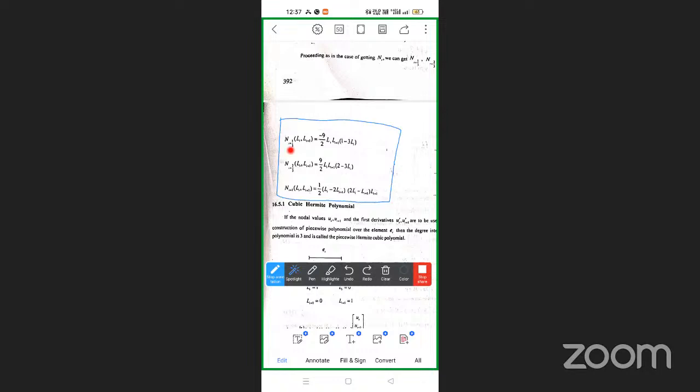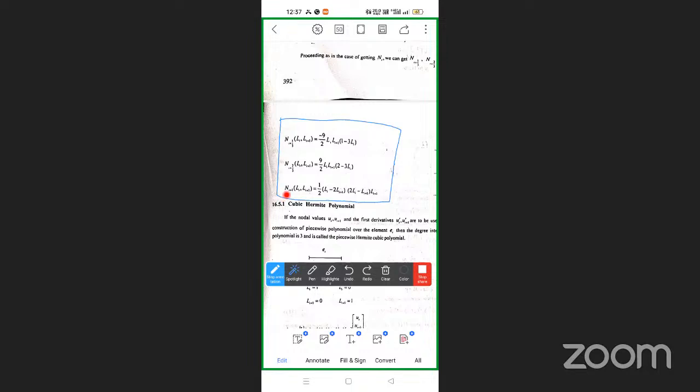Ni plus 1 by 3 of Li comma Li plus 1 is equals to minus 9 by 2 Li into Li plus 1 into 1 minus 3 Li. So this is the first one. Second one, Ni plus 2 by 3 of Li comma Li plus 1 is equals to 9 by 2 Li plus 1 into 2 minus 3 Li. So these are the three formulas.